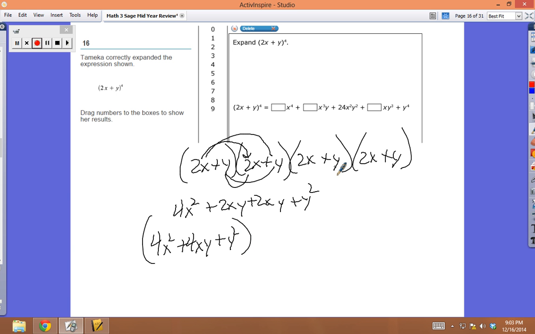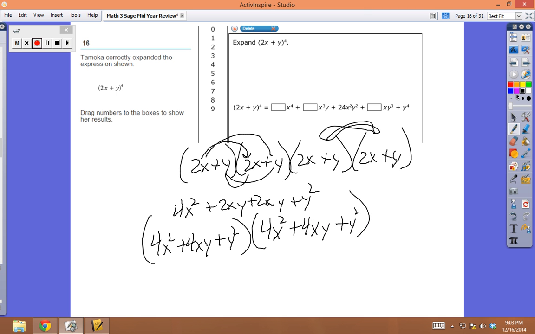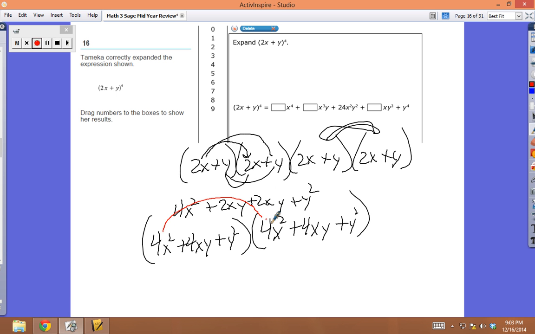And I know that this times this is going to be the same. So it's going to be 4x squared plus 4xy plus y squared. So now, if I multiply this to this, that's going to be 16x to the fourth. If I multiply this to this, that's going to be 16x cubed y.